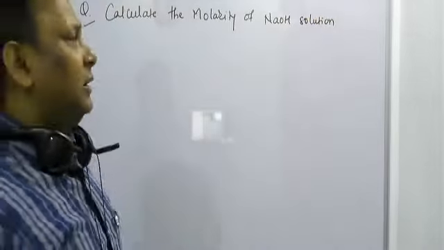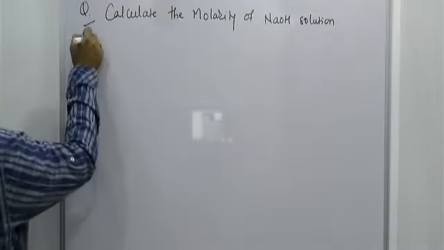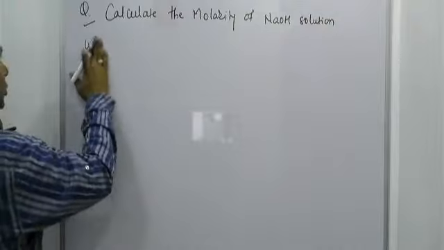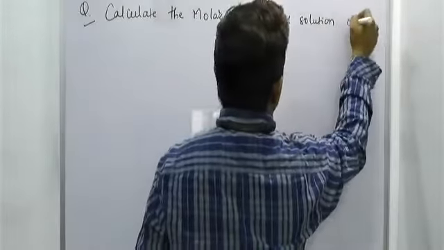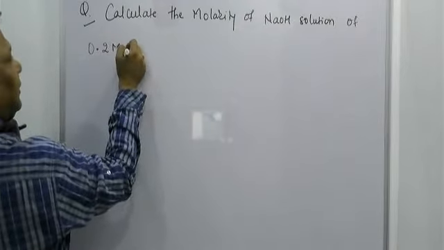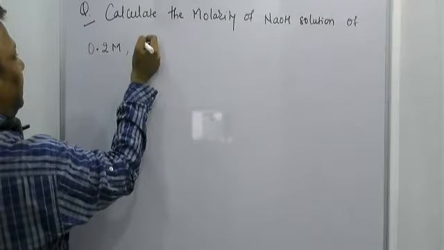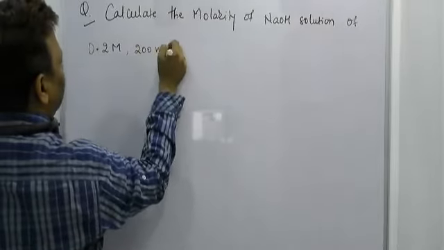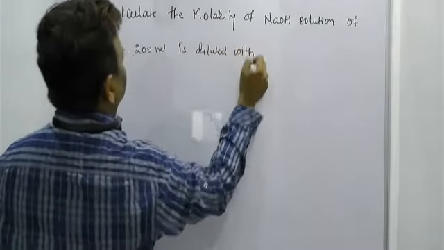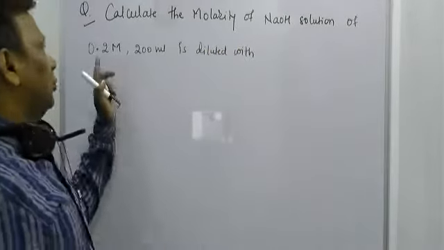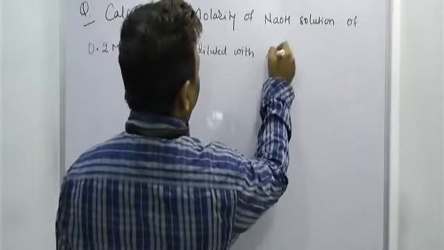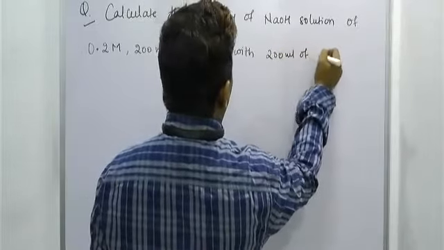NaOH solution of 0.2 molar, 200 ml, is diluted with 200 ml of water.